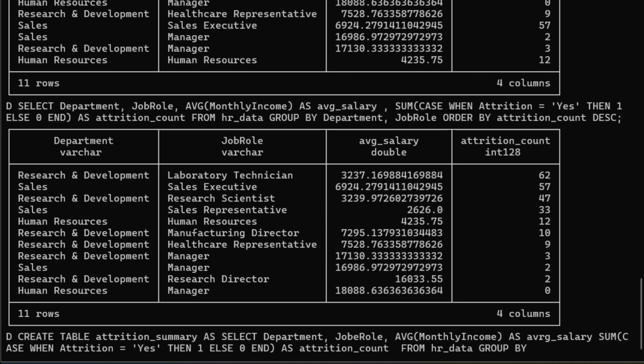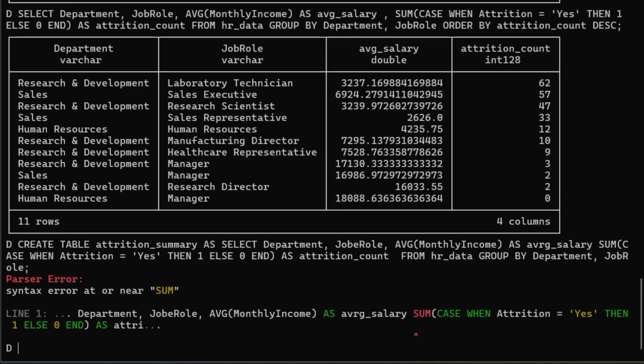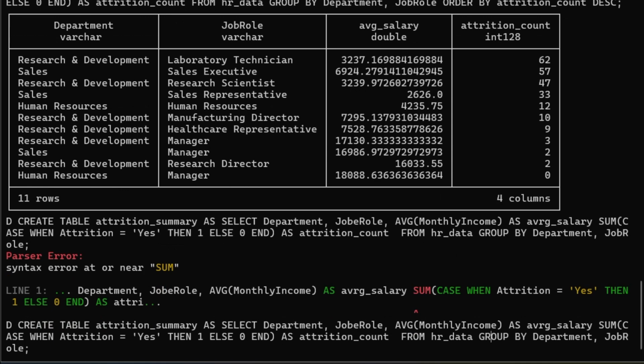Okay, we are taking it from HR data and group by department and job role. We need to just go through again if there are any issues. Okay, so that's our thing. And what happened here is we just missed a comma again.